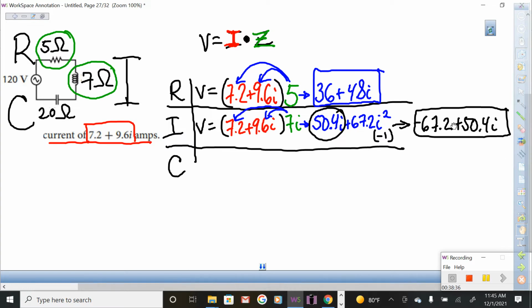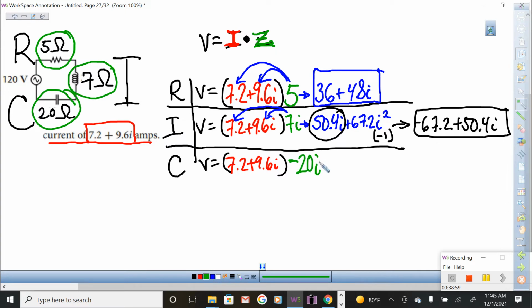All right. Once again, we write our formula. V equals impedance times the same current, 7.2 plus 9.6I. However, the impedance now is what? 20 ohm. And how do we write that? -20I.